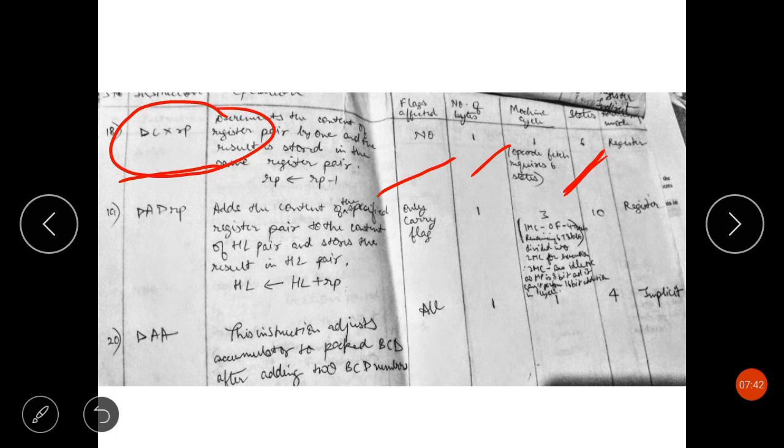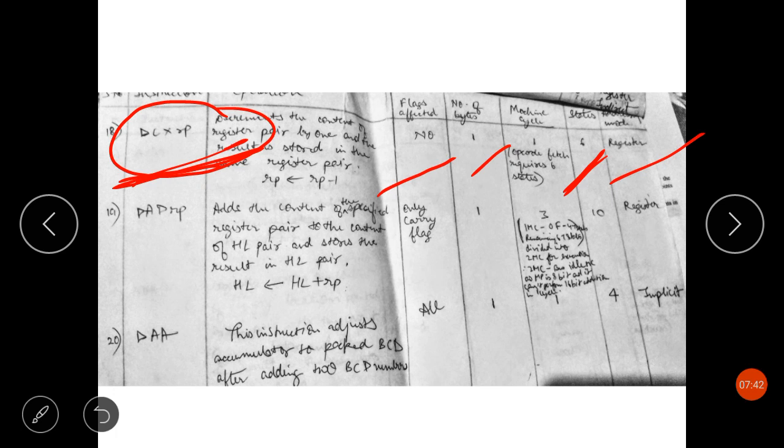It fetches the opcode, decodes it, and then it will decrement the content of the register pair and store that content. So these things will take time. That's why 6 T states. Addressing mode: since here the operand is the content of a register, the addressing mode will be register addressing mode.